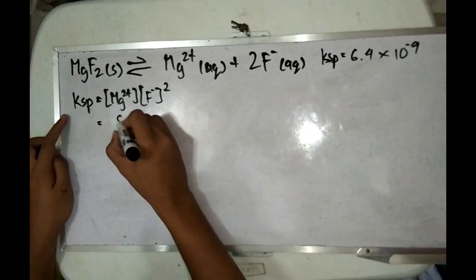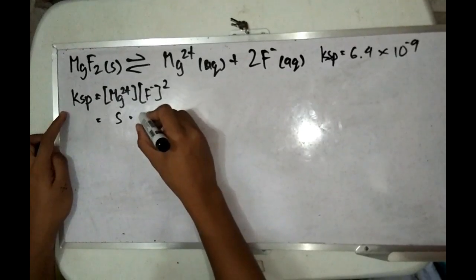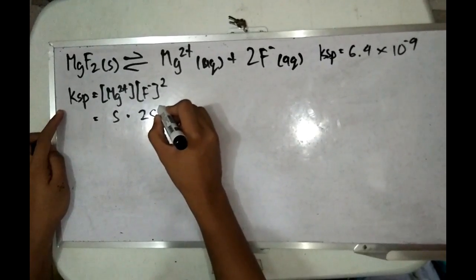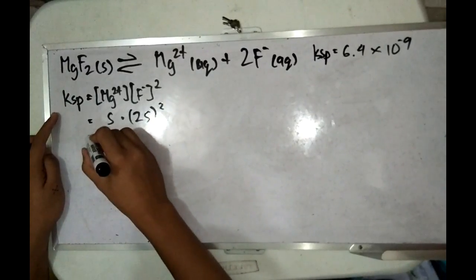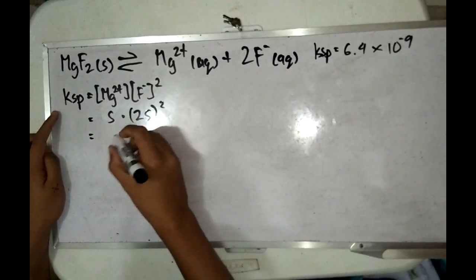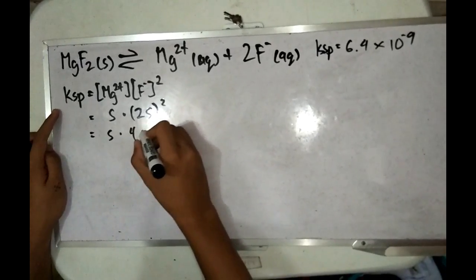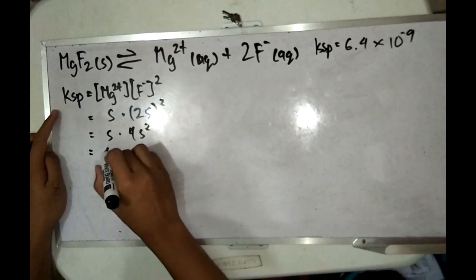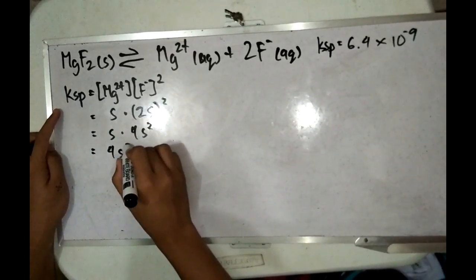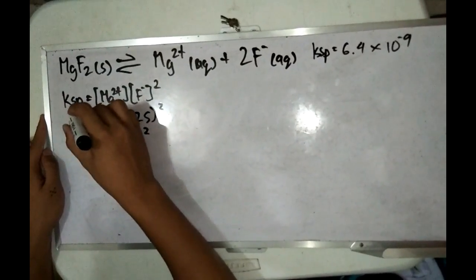We will let S be the concentrations of the ions. So for Mg2+, it would be represented by S, and for F-, it would be represented by 2S, squared. So the final KSP expression would be S times 4S squared, and if further simplified, it would be 4S cubed.